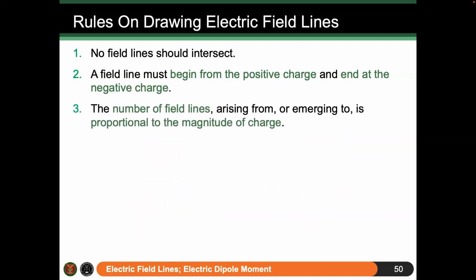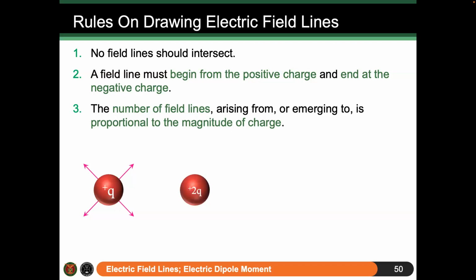The number of field lines arising or emerging is proportional to the magnitude of charge. So for example, kung plus Q, so magnitude niya ay 1, right? Nag-draw ka ng 4 field lines emerging from that.